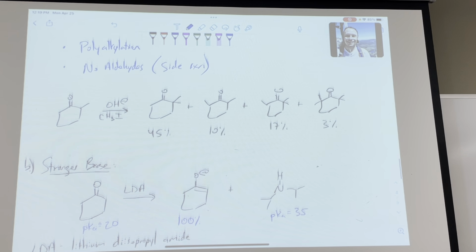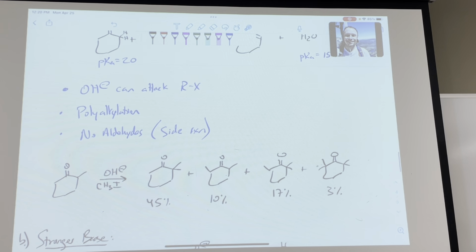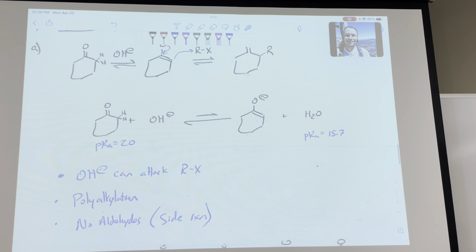Two of the three problems we saw above were a direct result of having that hydroxide hanging around at equilibrium. It went and attacked your alkyl halide. It would go and deprotonate the monoalkylated product and cause polyalkylation.